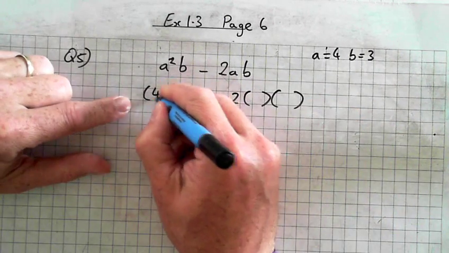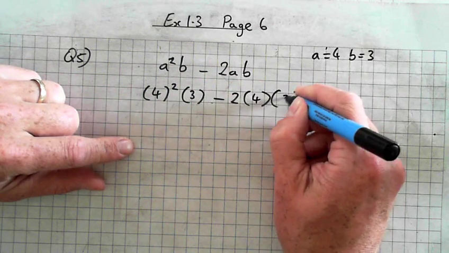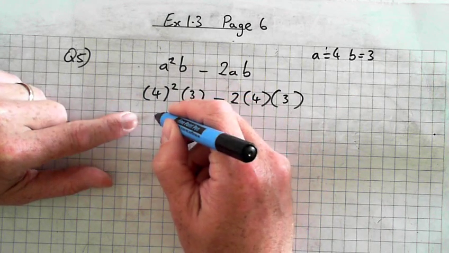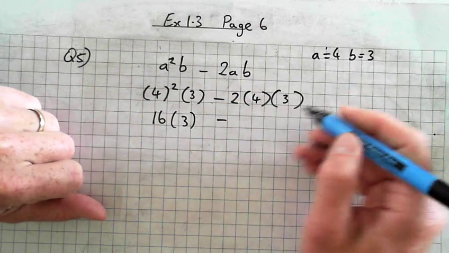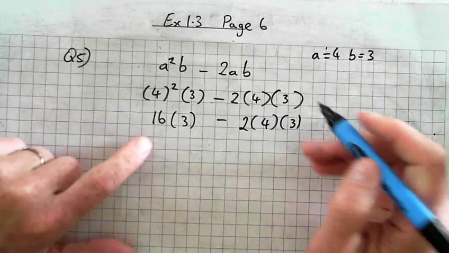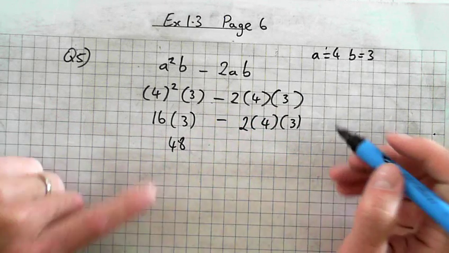Right, a is 4, b is 3. Alright, so first of all, 4 squared means 4 by 4. 16 times 3. Okay. Alright, 16 times 3 is 48.